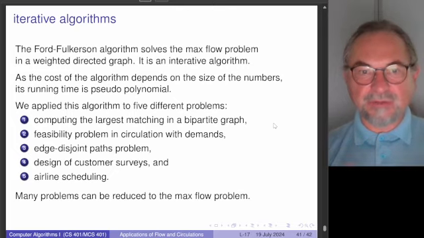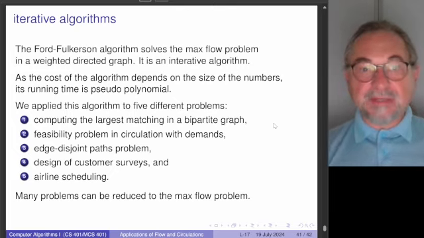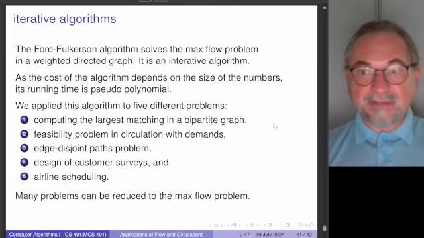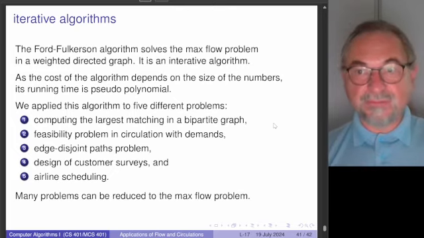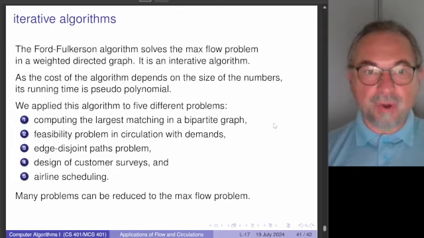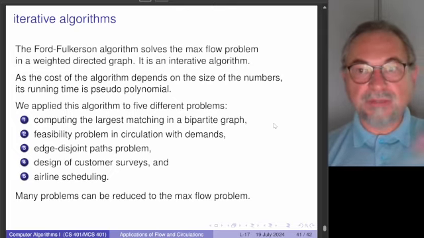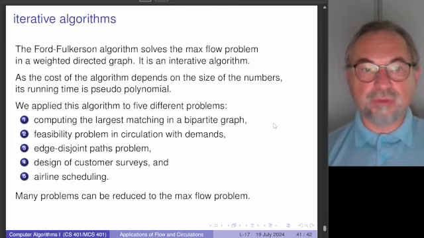Everything was discrete: the flow was discrete, the input is discrete. Nevertheless, the size of the numbers mattered. For some problems it did, for other problems it didn't. If it didn't matter, we had strongly polynomial time algorithms. If it did matter, we had pseudo polynomial algorithms.